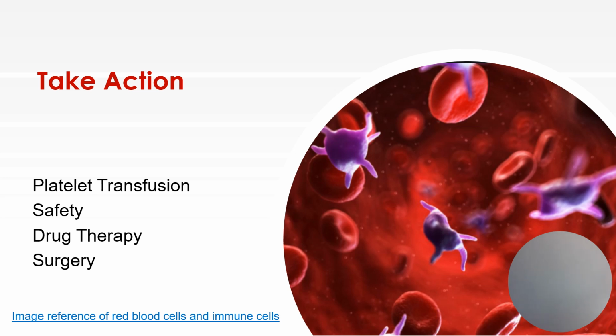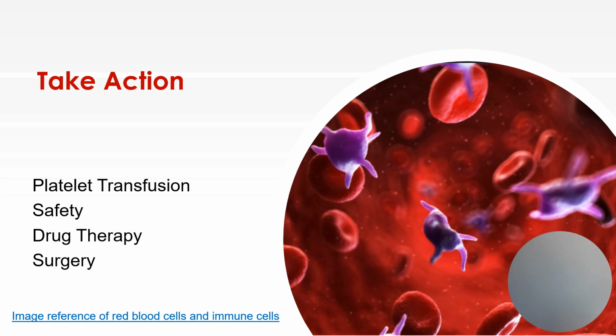So what do we do for these clients? Well, if their platelet levels drop below 10,000 millimeters cubed, or they have a life-threatening bleed, we can do a platelet transfusion. It is important to maintain a safe environment and institute bleeding precautions to help reduce the risk of hemorrhage.